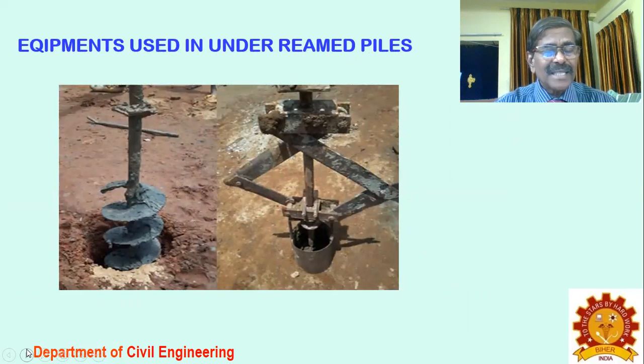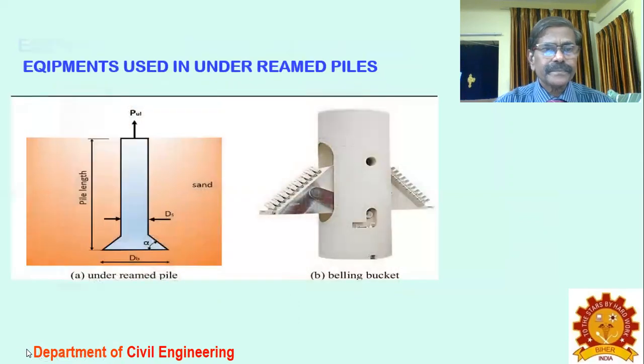A screw pile can also be used as an under-reamed pile. This is the lever. When it opens out, it can scoop out wider soil than ordinary screw piles or ordinary boring equipment. Sometimes you may require a triangular scooping. Special scooping materials are also used for under-reamed piles, and they are called belling buckets.